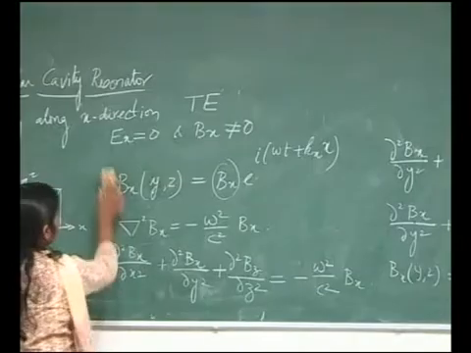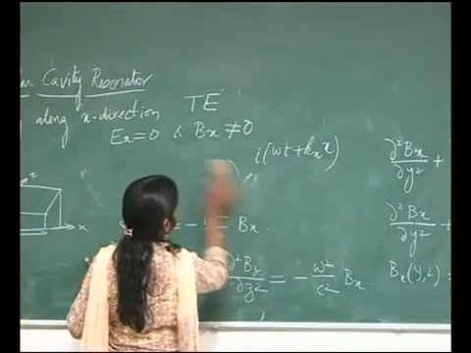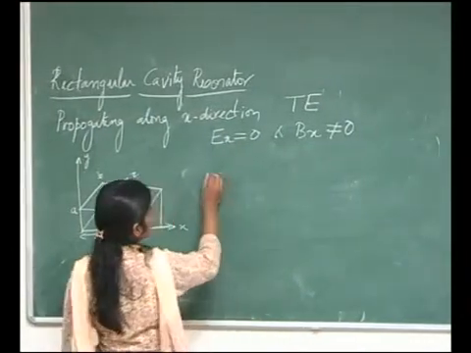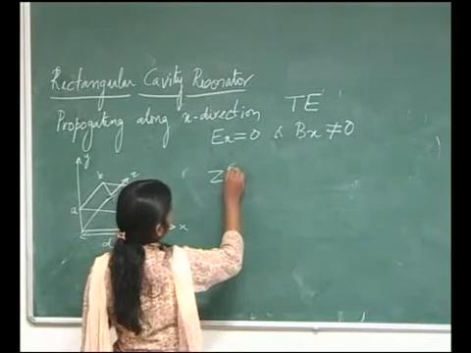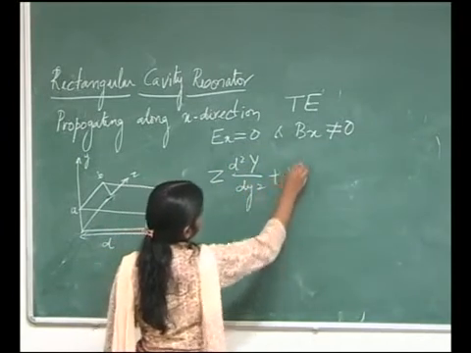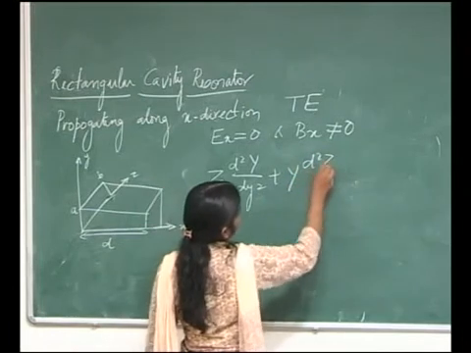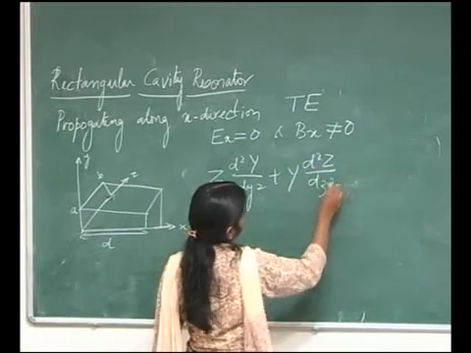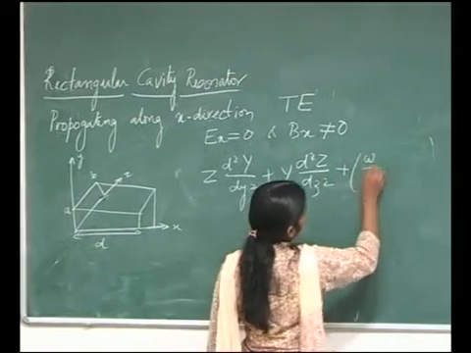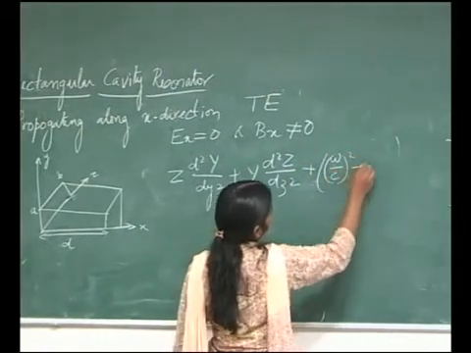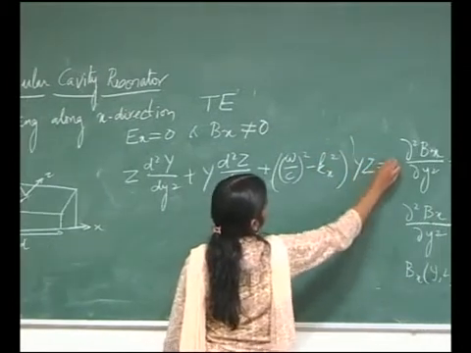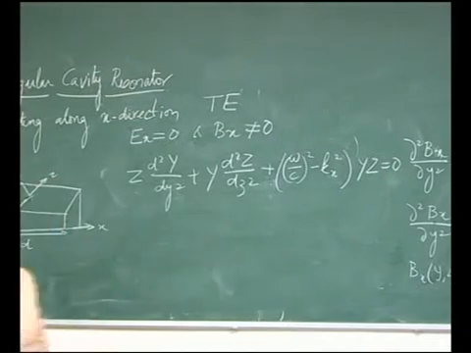Now, I will have equations which will look like this: Z d2Y by dy square plus Y d2Z by dz square plus omega by c whole square minus kx square YZ is equal to 0, okay.